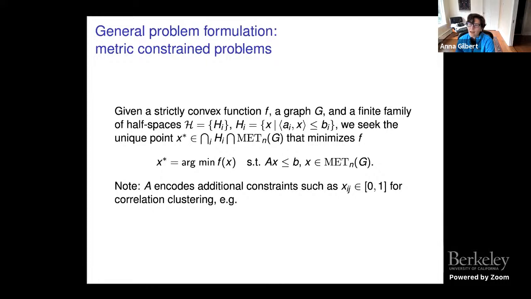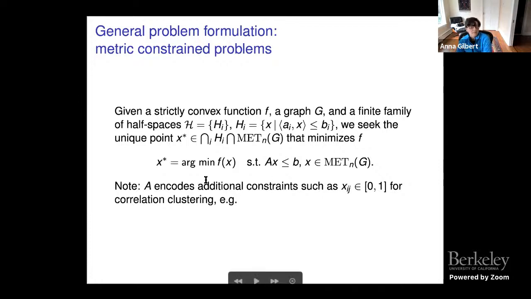Hopefully I have convinced you in setting up these problems that there's actually a very general problem formulation underlying all of these families of problems. And it is of the following form.